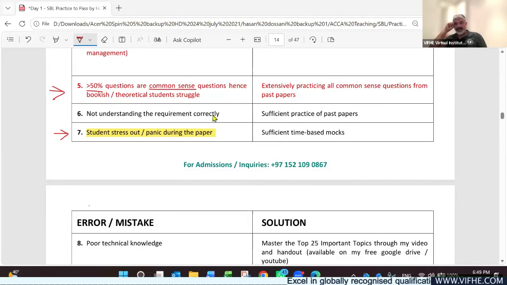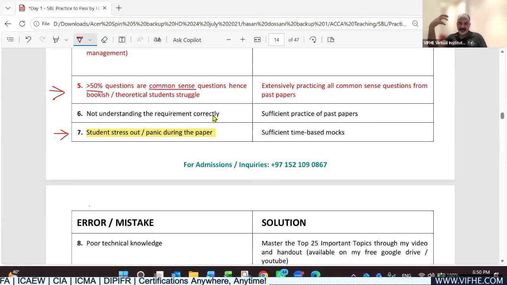So, do you think a good business leader panics? Do you think a good CFO should panic? No, right? One of the main qualities of a leader is that he never panics, because if the leader panics, the team will fall flat, right?